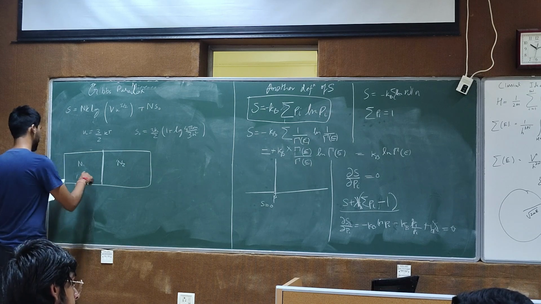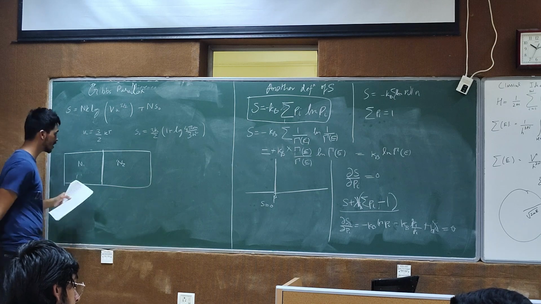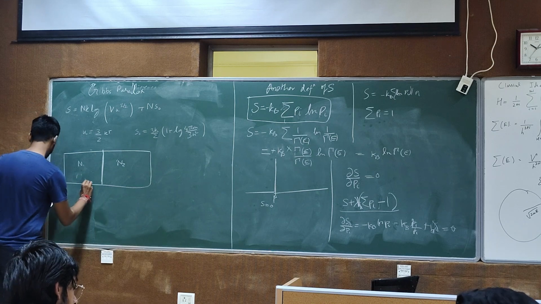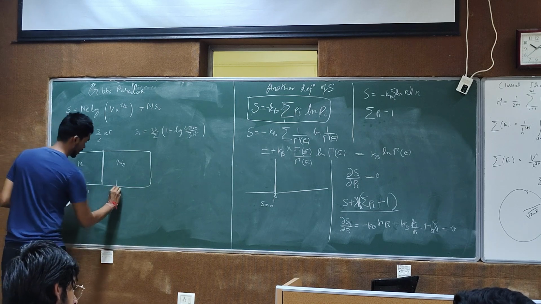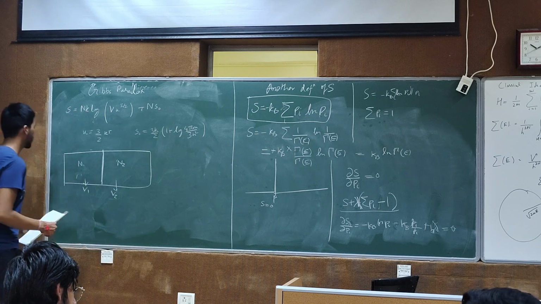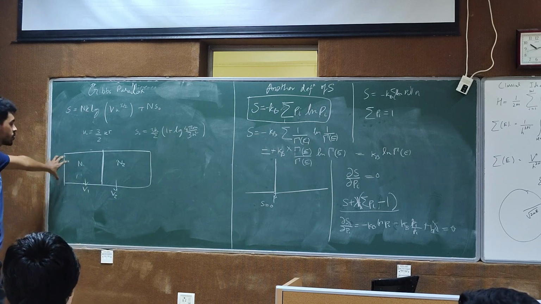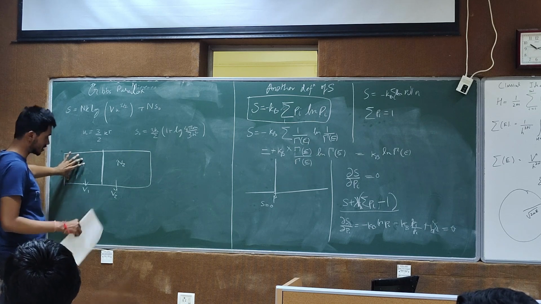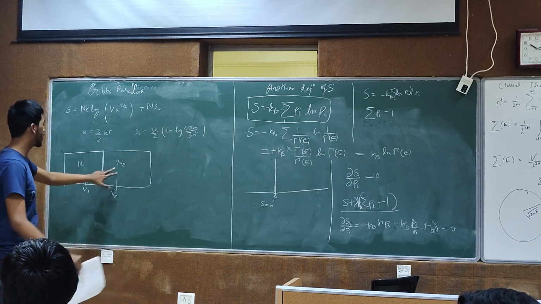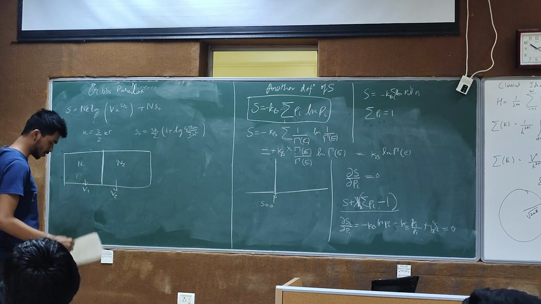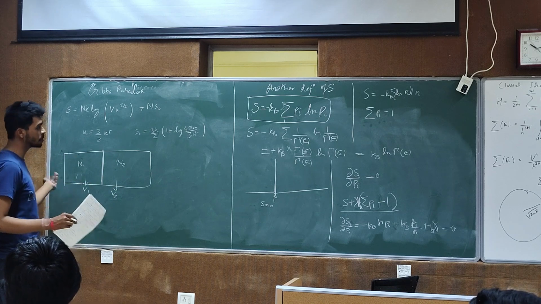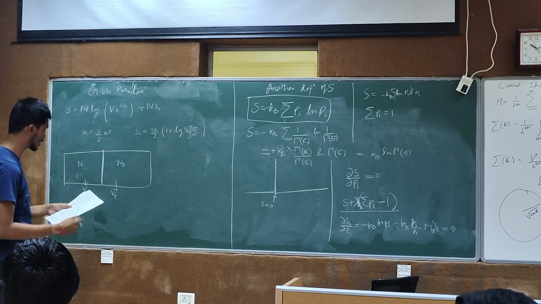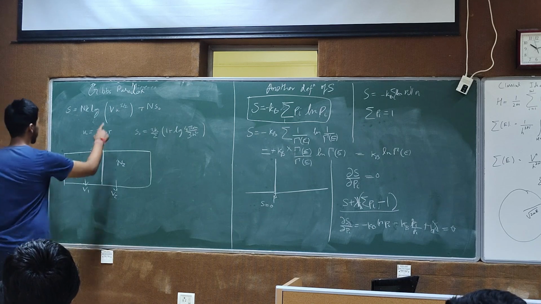Initially the first gas was in V1 and the second in V2. So N1 will go from occupying volume V1 initially to total volume V, and N2 will go from V2 initially to total volume V. So both of them increase volume, and so there will be an increase in entropy because of this.